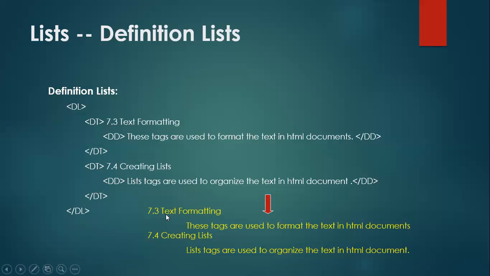And how will it view in our browser when we save this HTML code in a text file with an HTML extension, and when we view it in the browser, then this type of output we will get for this given code. 7.3 text formatting is the heading, the data term, and its definition is given over here in the next paragraph type, and the next definition term and its definition.